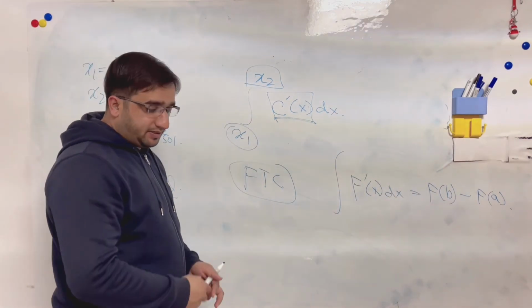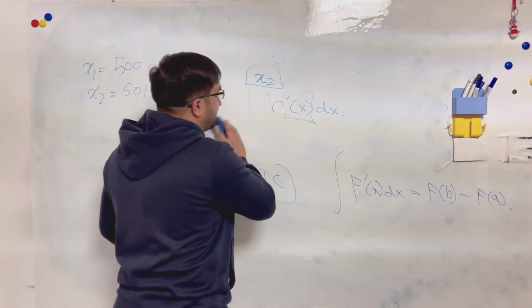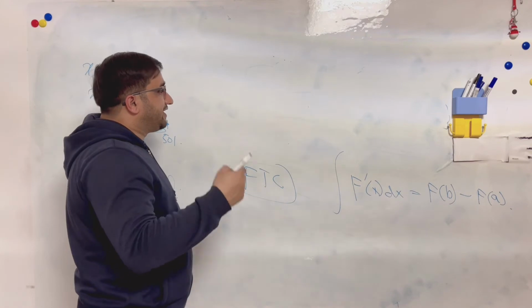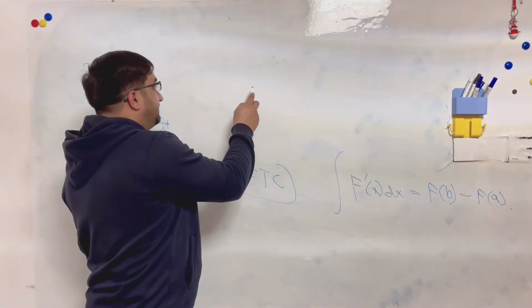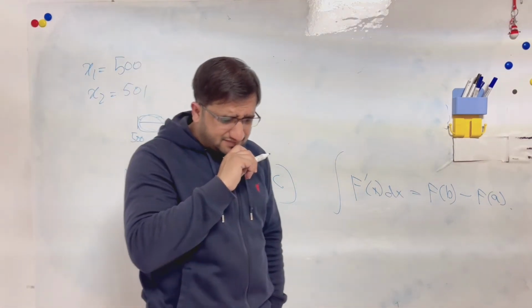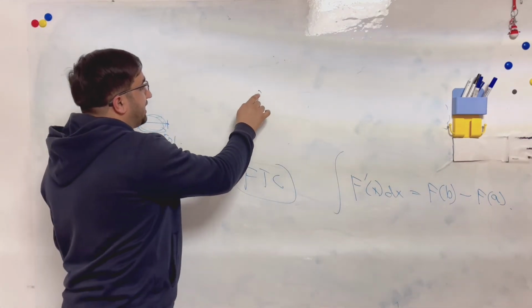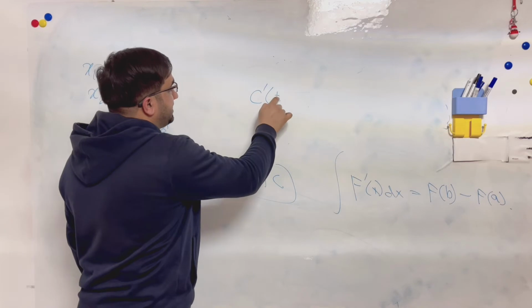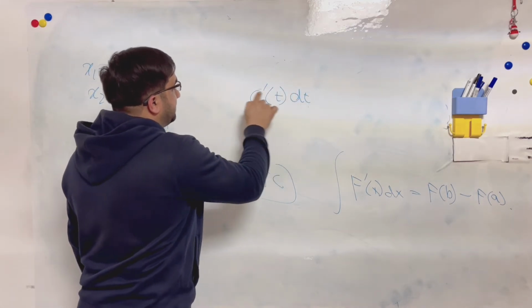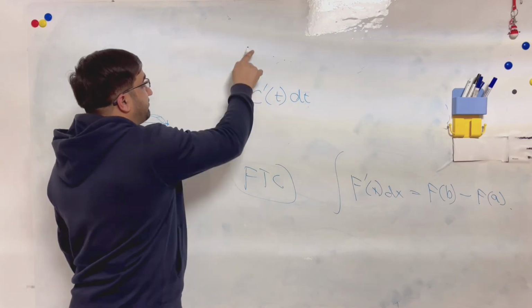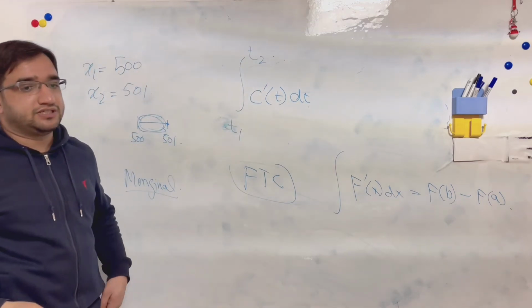Similarly, for example, if you are in a chemical lab, in a chemistry department, and you want to know the concentration of a certain product, then the change in the concentration of the product will also be calculated by c dash of t at a certain time, dt. And what is the initial value t1, and what is the final value of the time t2.